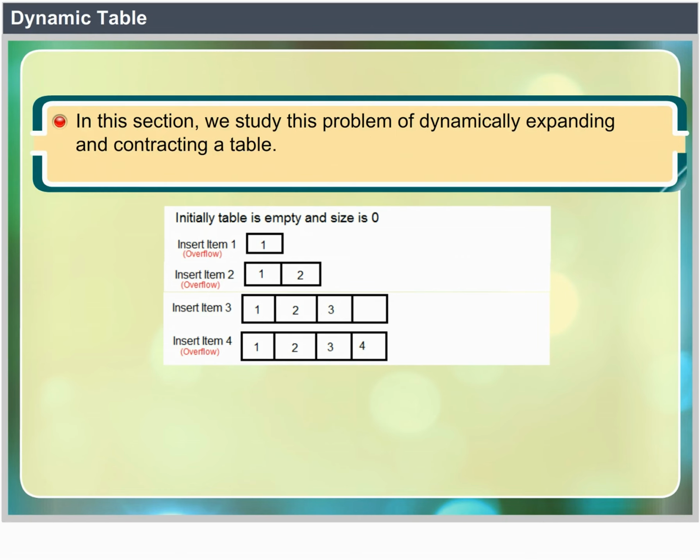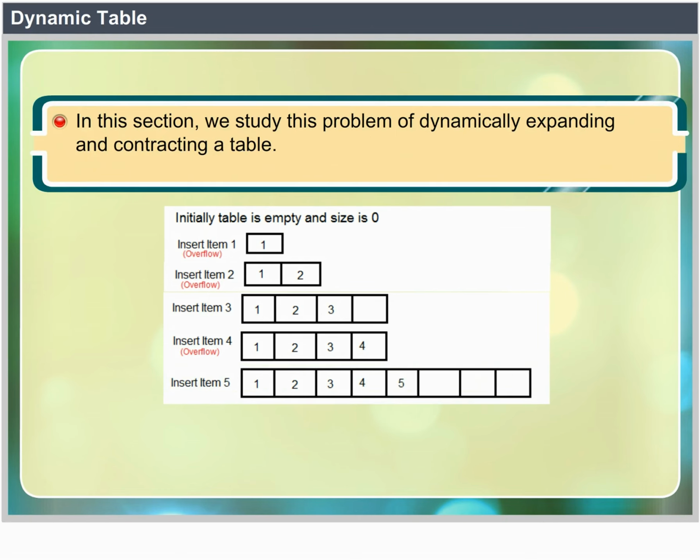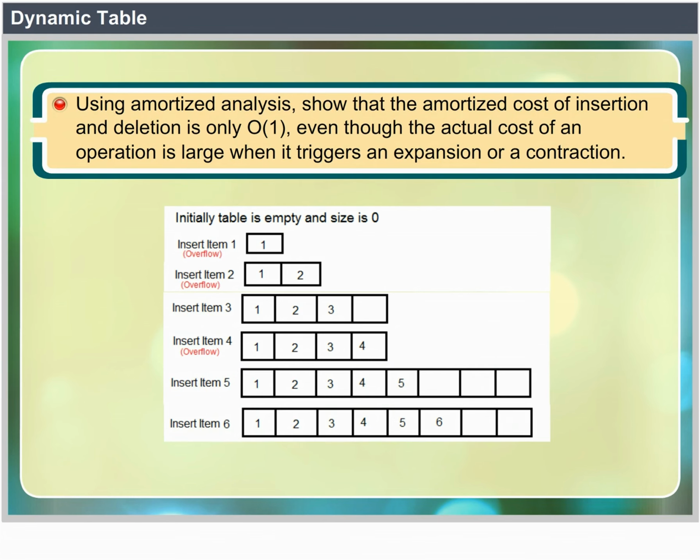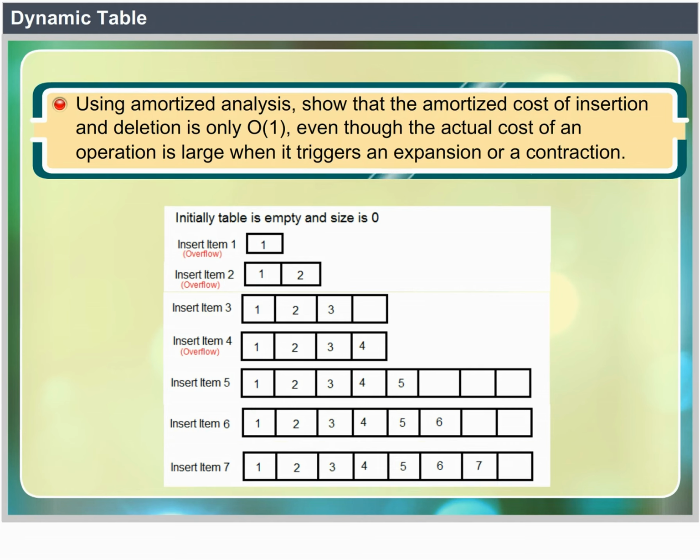In this section, we study this problem of dynamically expanding and contracting a table. Using amortized analysis, we will show that the amortized cost of insertion and deletion is only O(1), even though the actual cost of an operation is large when it triggers an expansion or a contraction.